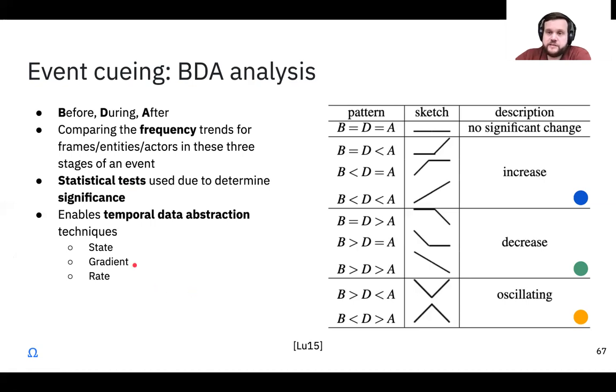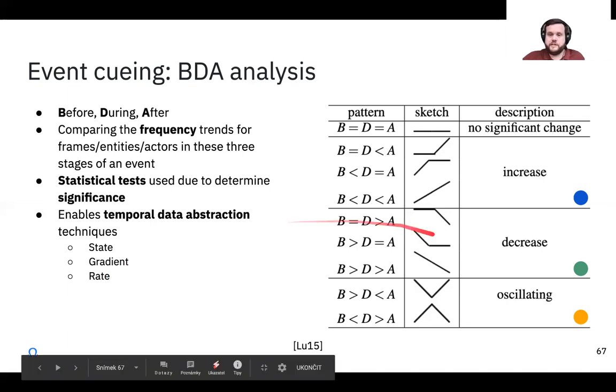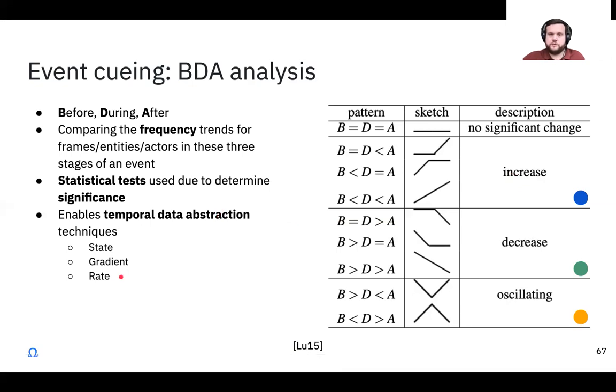This enables the temporal data abstractions technique. What we discussed in the temporal and geo-temporal data lecture is that if we're looking at a time series, we really want to identify the key intervals of our observed variables. Is this a high value, medium value, or low value? We want to see the gradient. Are we increasing or decreasing, which is exactly this? And also the rate at which it is increasing or decreasing.